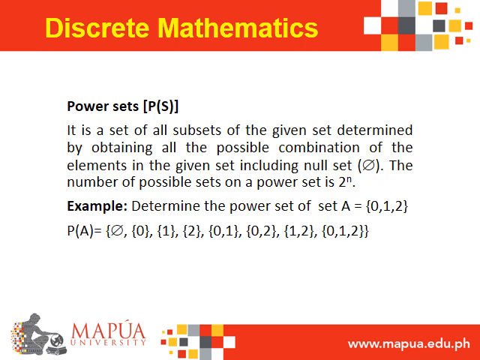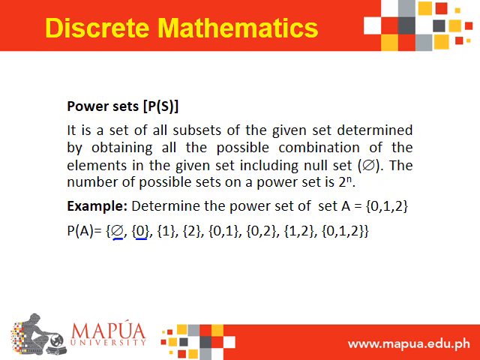So the power set would eventually include the null or empty set, a set containing 0 only, whereby this set contains elements that are also found in set A. Therefore, it's a subset.